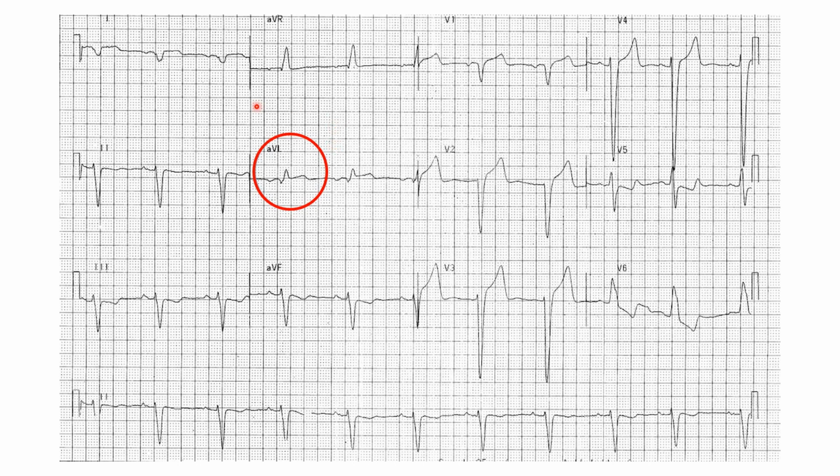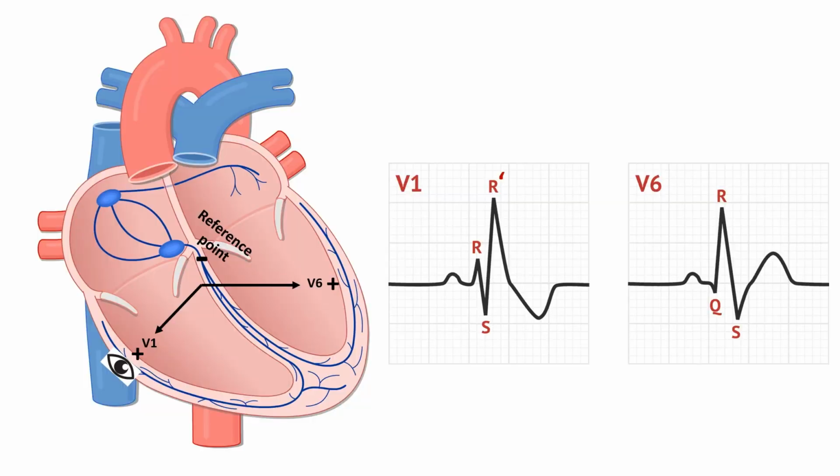Okay, so now let's look at the diagrammatic representation of right bundle branch block. We know already that you have this RSR pattern in V1 to V3 with a wide slurred S wave in the lateral leads, so lead 1, aVL, V5 and V6.